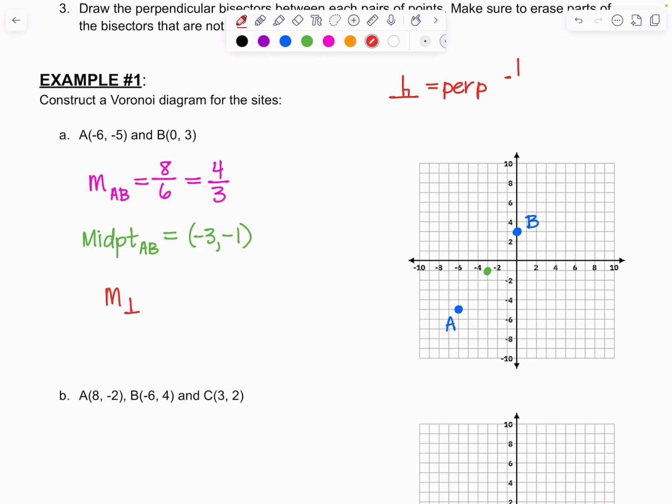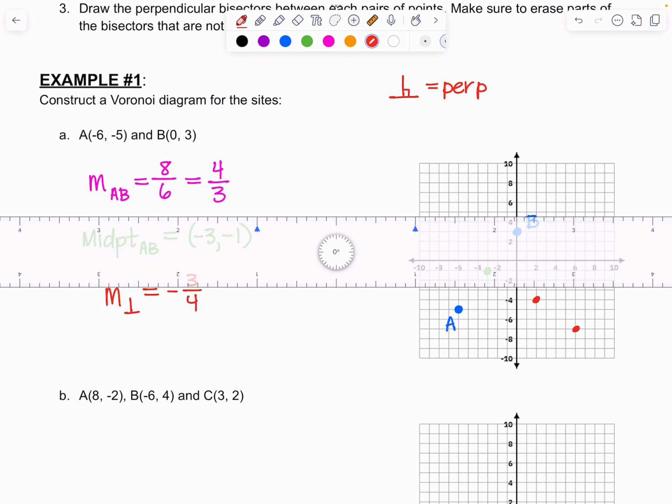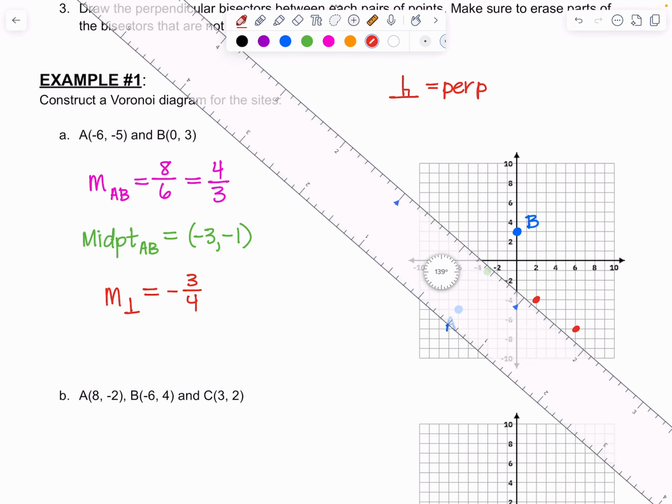It could just be a regular upside down T. So my perpendicular slope is going to be -3 over 4, because you have to flip and change the sign. So if I go from the middle, from -3, -1, I have to go down 3 and then over 4 and plot my point. And remember, make sure you have a ruler or a straight edge.